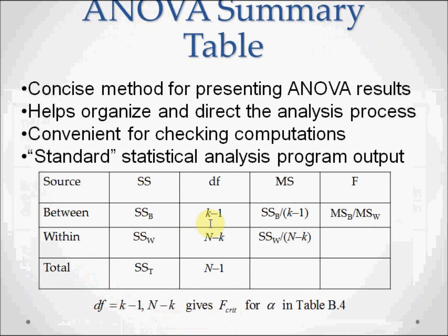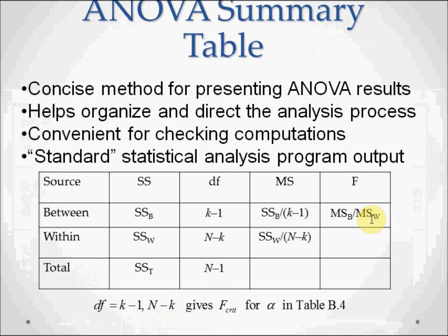Going across, you're going to divide. Sums of squares divided by degrees of freedom, remember, that's always the variance formula, equals the mean squared. Same thing with within: within divided by degrees of freedom equals mean squared within. Once you get the mean squared between and within, you can calculate your F ratio.